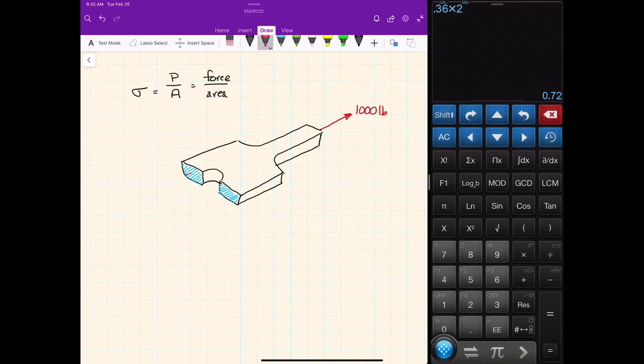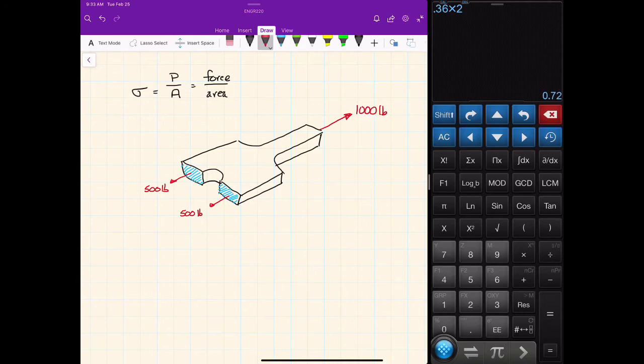If we drew a free body diagram, it might look like this, where we have a total of two 500-pound forces, so 1,000 pounds pulling to sort of the left and 1,000 pounds pulling to the right. So this thing is in static equilibrium. And now this force that we're talking about in the stress is the internal force on one or both of these areas. We can look at one of them or look at both of them. It doesn't matter.